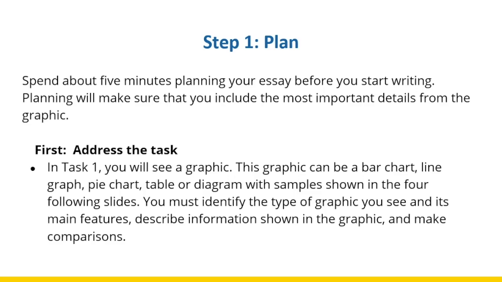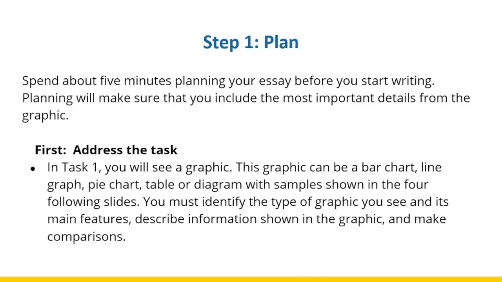Read your prompt really carefully, what is being asked from you, and analyze your graphic. That will ensure that you include the most important details from the graphic. And remember, you have to make sure you identify what kind of graphic you have. There are different types of graphics. As I mentioned before, you might have a bar chart, line graph, pie chart, table, or diagram.